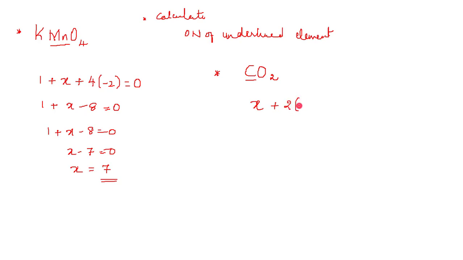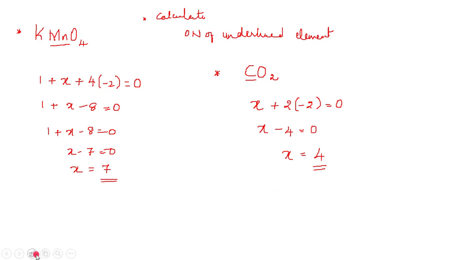The oxidation number of oxygen is -2, equal to 0. So x, 2 into -2 is -4, that is equal to 0. x is equal to +4. This is the way you calculate the oxidation number.